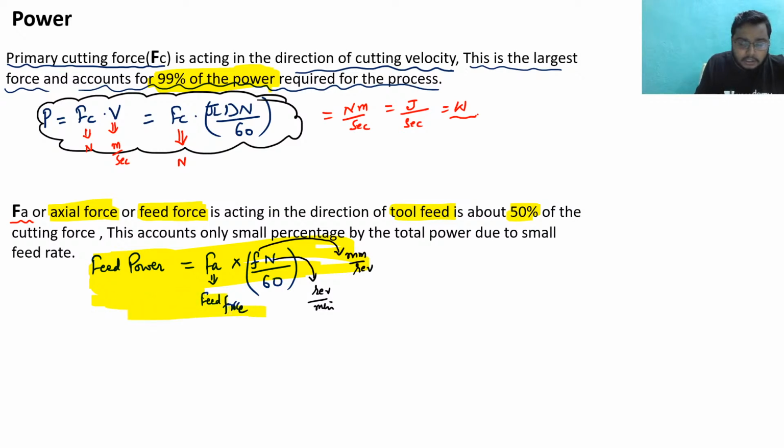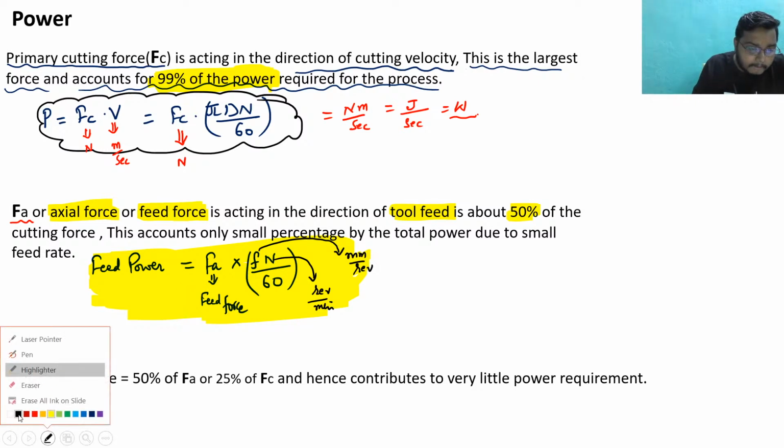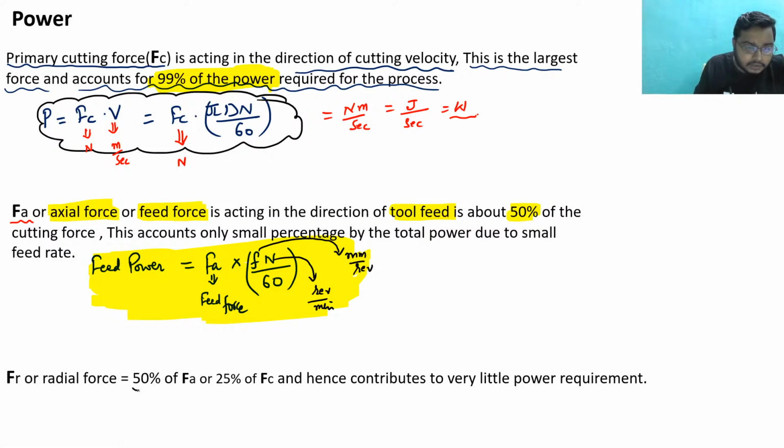Now another force that is associated with it is the radial force. During the turning process, the next force associated is the radial force. So radial force is equal to 50% of Fa, that is 50% of feed force.